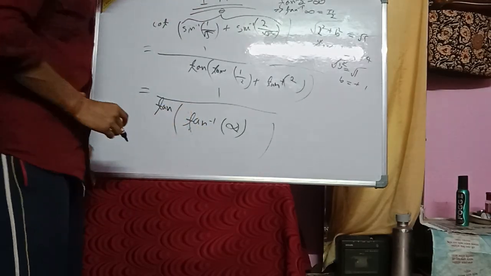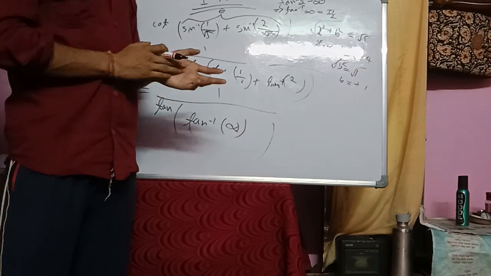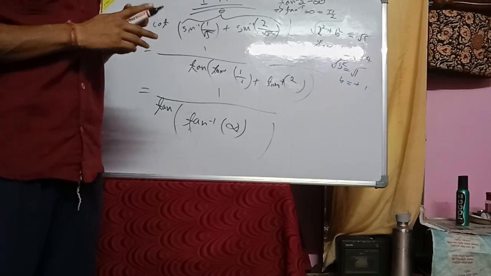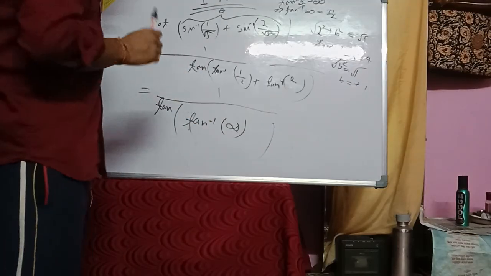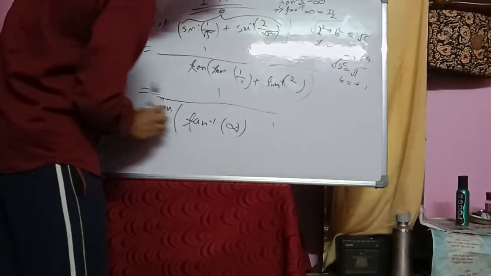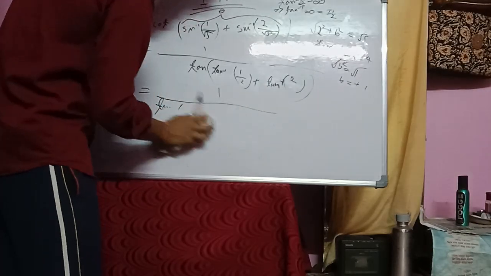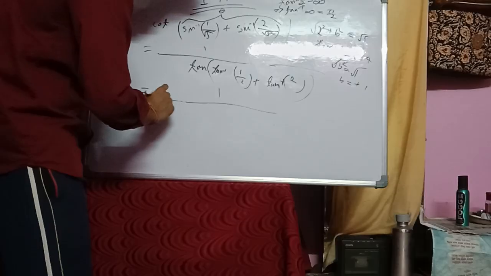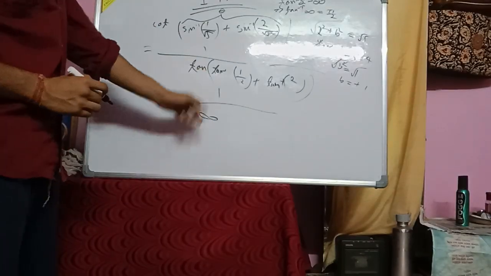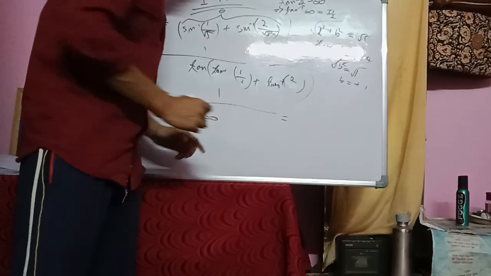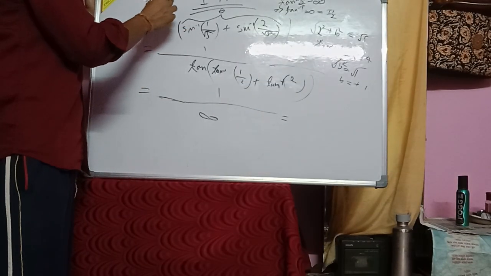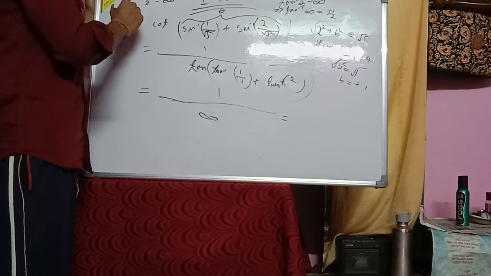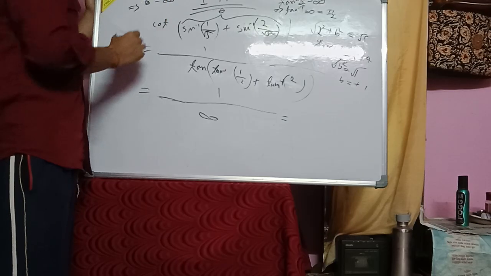So this tan and tan inverse would cancel each other, and because tan inverse has a range from minus infinity to positive infinity, you don't need to worry about anything here. This would just become infinity, and what we have here is 1 over infinity. So remember this rule: any real number over 0 is infinity. In the same way, what I can do here is send the 0 to this side and bring this infinity to this side.